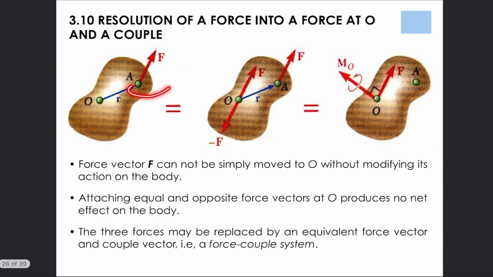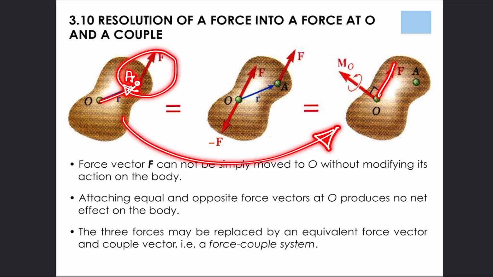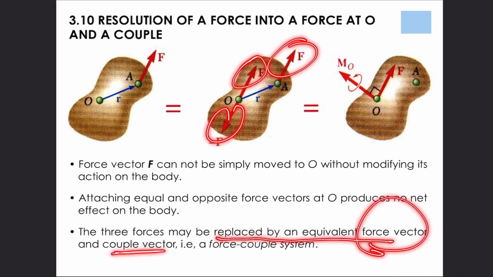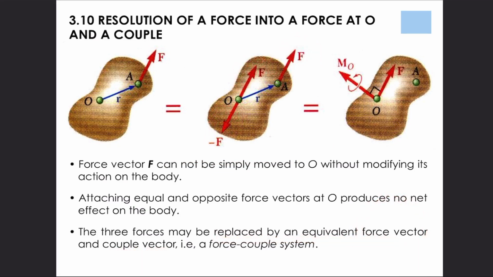So instead of a force acting at this distance, at point A, it became a system of a force and a couple acting at point O. So the three forces may be replaced by an equivalent force vector and couple vector. So force and couple, this is called a force-couple system.